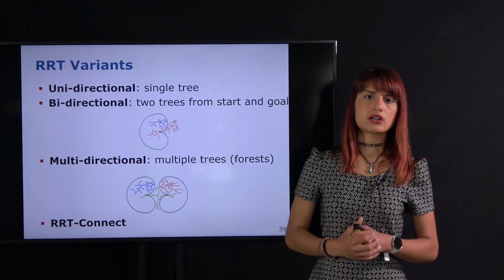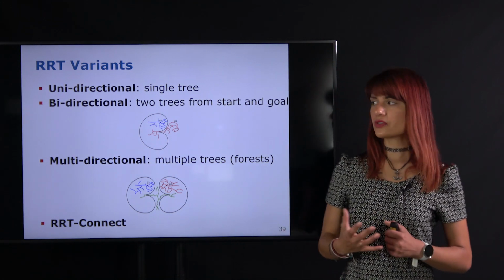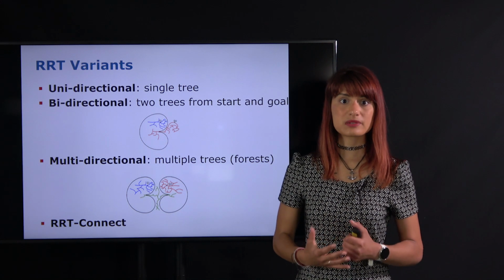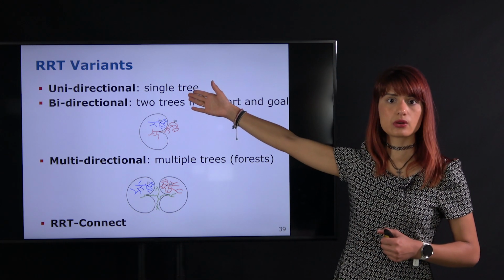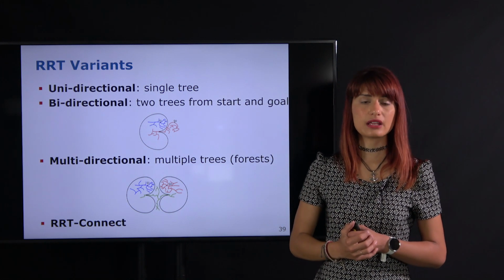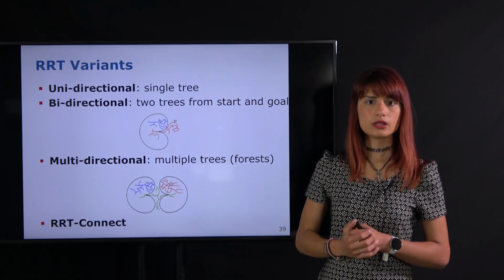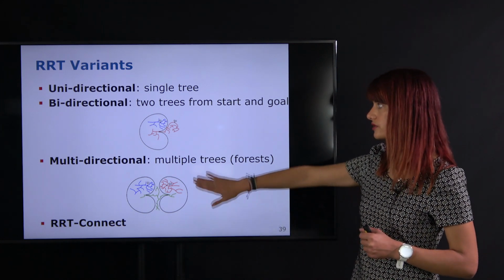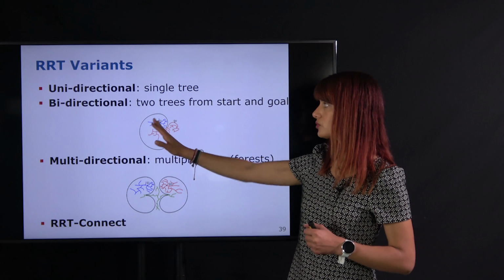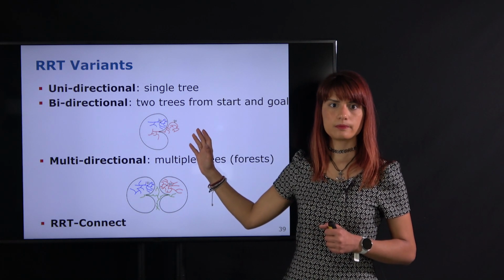There are many variants of the RRT, and some other algorithms are also inspired by it. For example, we can search using only a single tree, as we did in the animation. But another thing we can do is a bidirectional search. In this case, we have two trees growing towards each other.